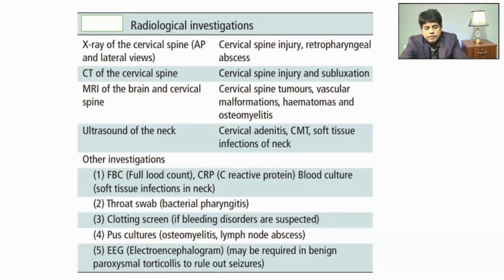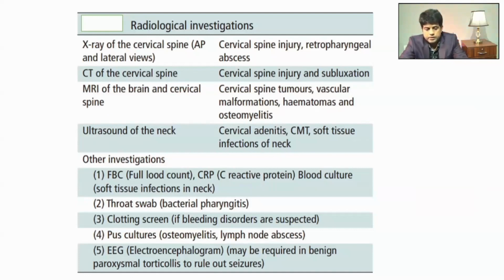conditions. And with regard to hematological or blood investigations, you can do a full blood count, a C-reactive protein and blood culture, especially if you suspect soft tissue infections in the neck. And if you suspect bacterial pharyngitis or tonsillitis, you can request a throat swab. And if you suspect a bleeding condition that results in hematoma formation, you can request a coagulation screen.